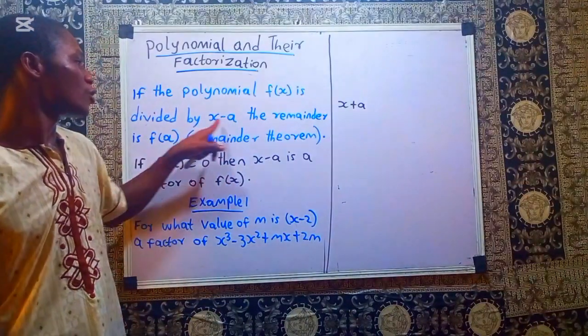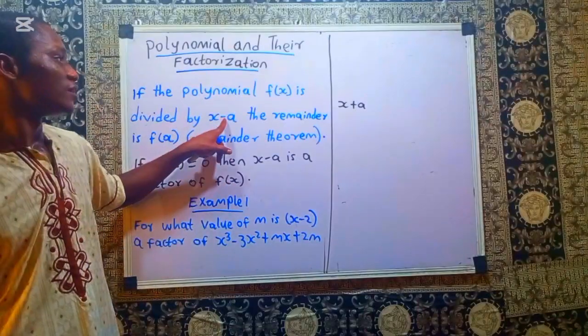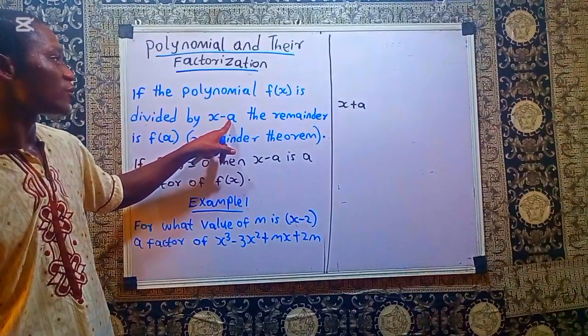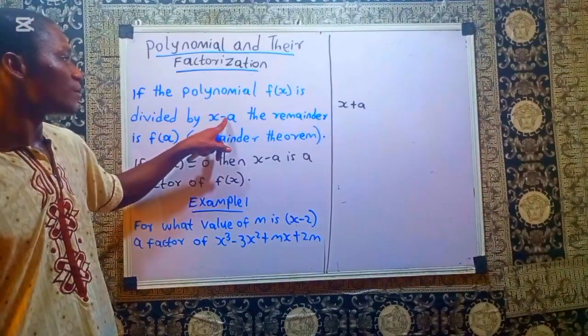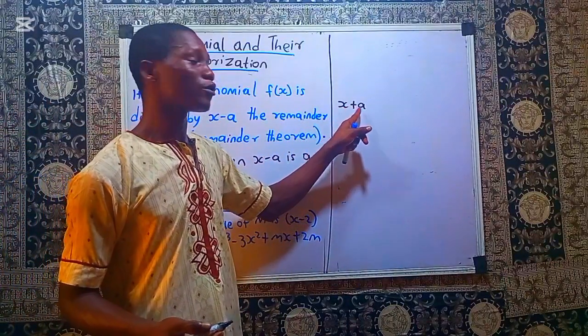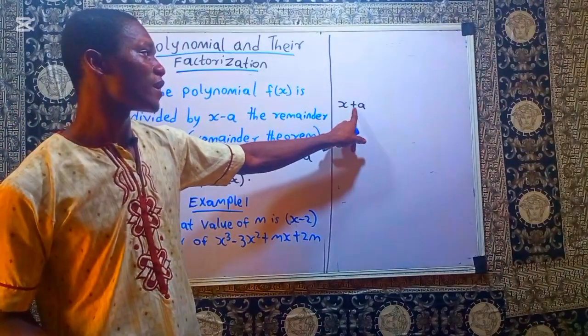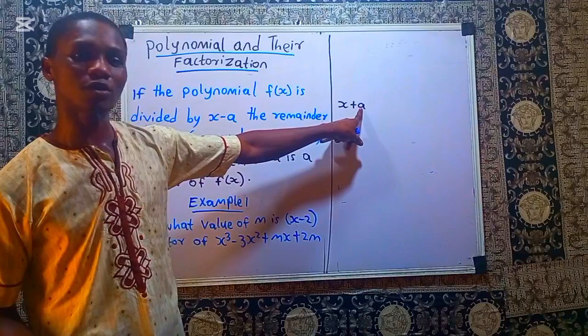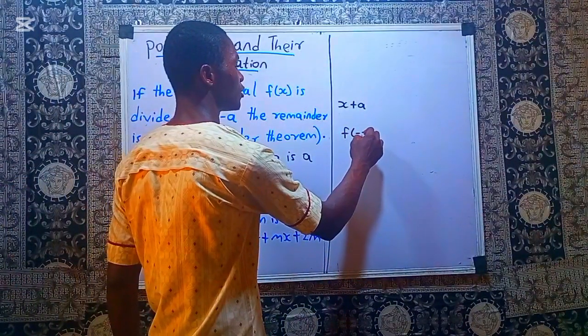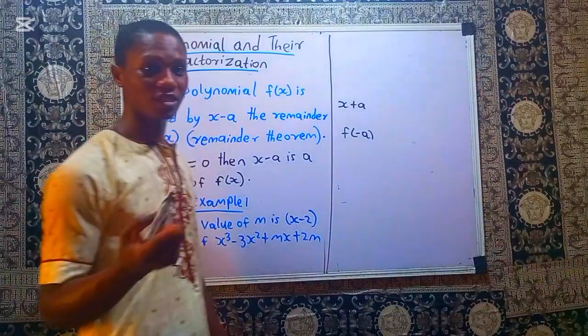And what you are going to substitute will be the negative of this number. We are having minus a here. If you do negative of minus a, you have positive a. But if you are dividing by x plus a, if you do negative of positive a, you are going to have negative a. So the remainder will be f of minus a. That will be the remainder in that case.